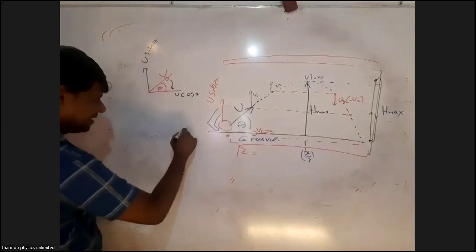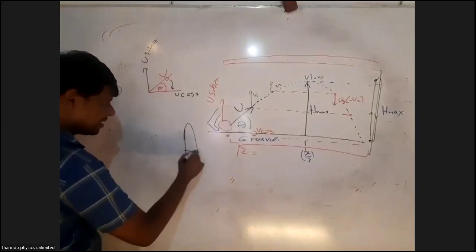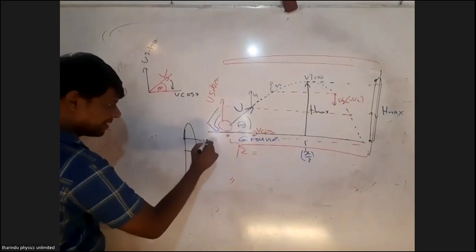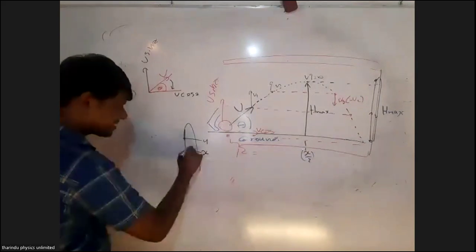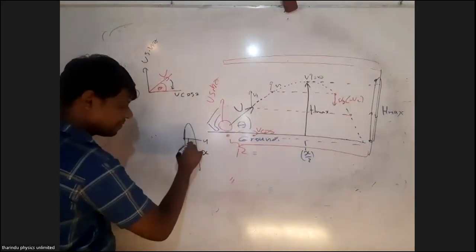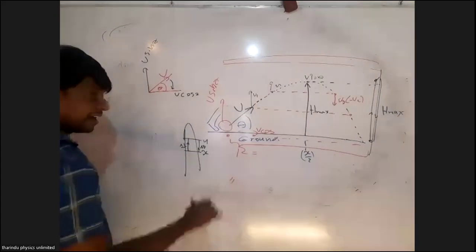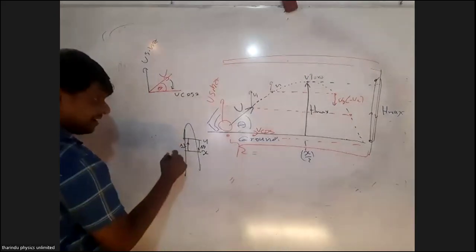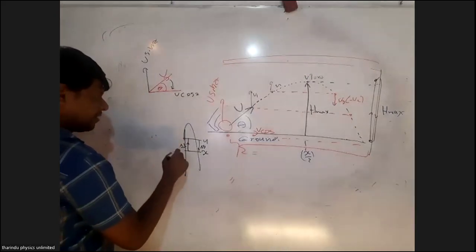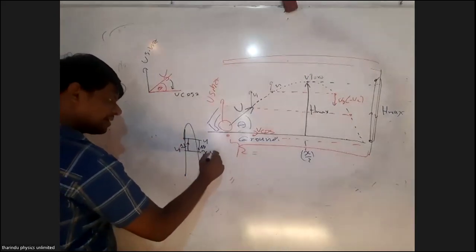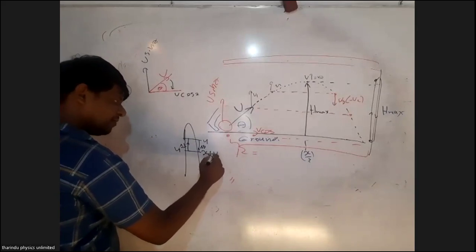I said in the vertical motion, if you are just passing point x and point y, it takes exactly the same time for moving up, delta t, and moving down, also the same delta t. And I said, if it has a velocity of v1 here, the velocity is negative v1.